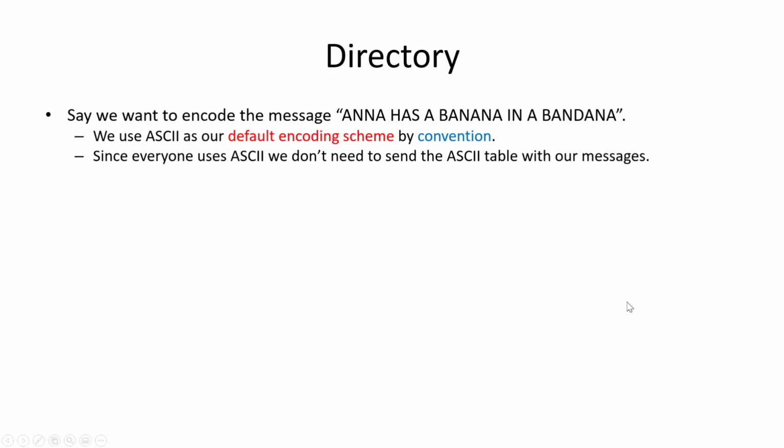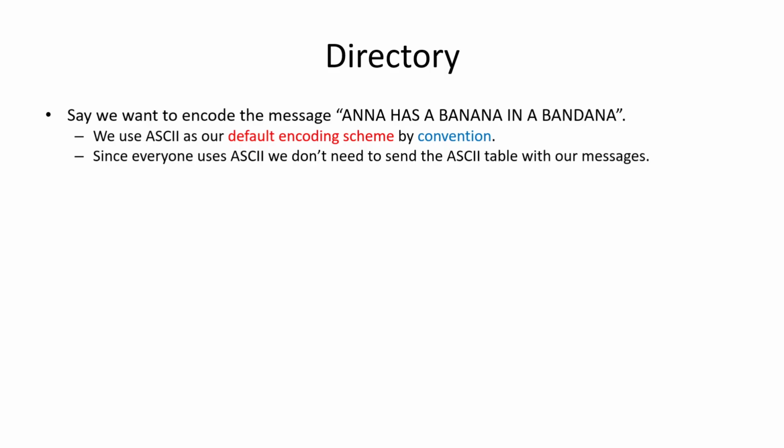And one of the benefits of using ASCII, as I mentioned in the motivation, is that we don't need to send the ASCII table along. This isn't a secret coded message. We don't need to tell the person on the other end the secret code. This is a public code. Everyone knows this code. So we're expecting it to come in ASCII. So you send me a text file, I'll read it straight up in ASCII.